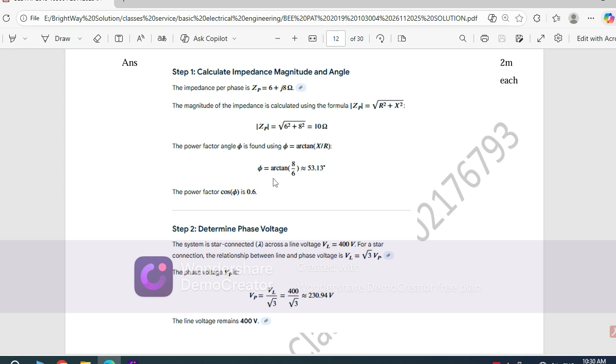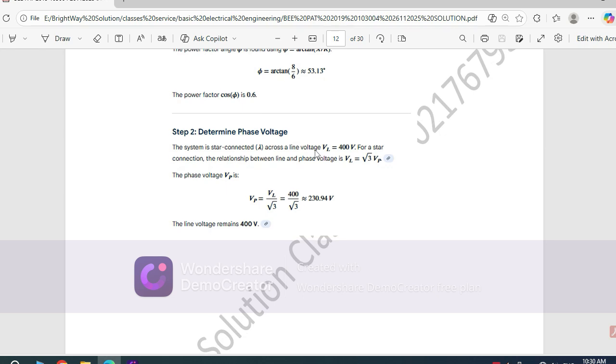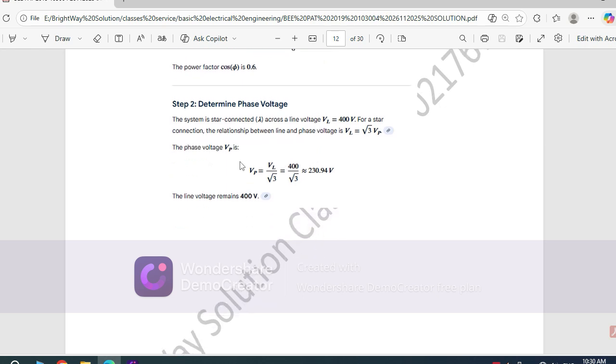Then the phi angle of 53.13 degree means a power factor of 0.6. Each term is assigned 1 mark. Next, you have to calculate the phase voltage. You get a phase voltage of 230.94 volt.